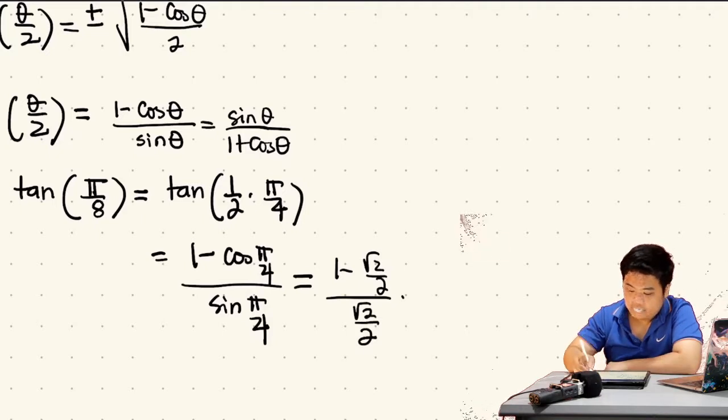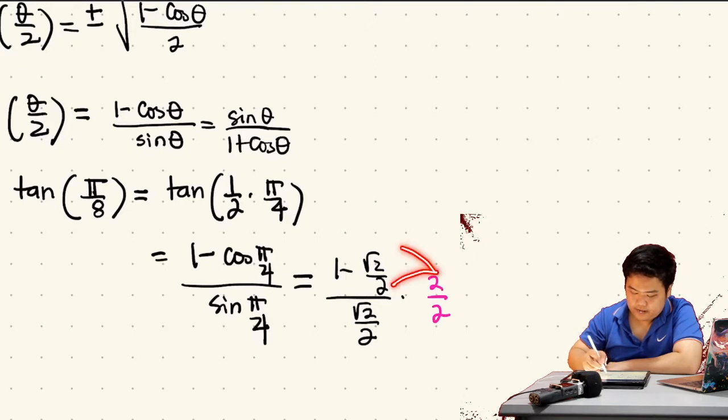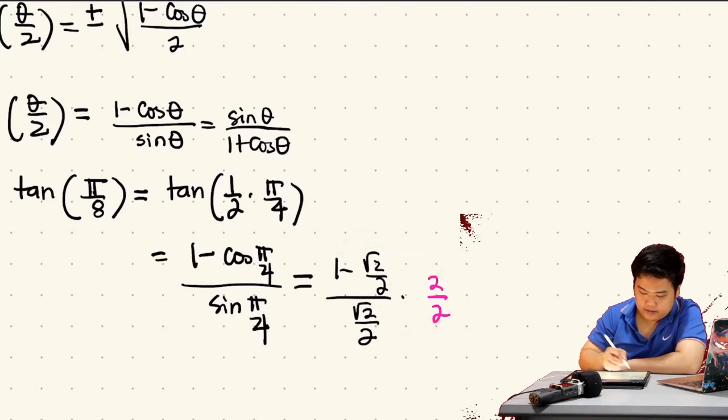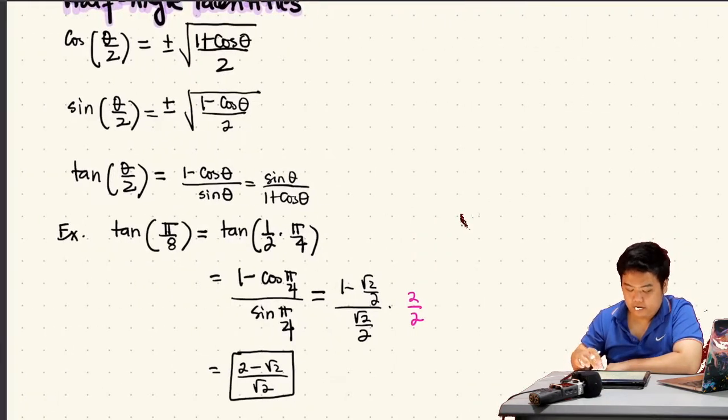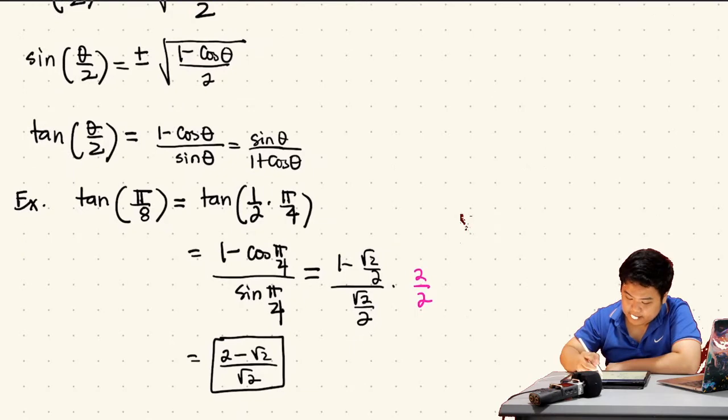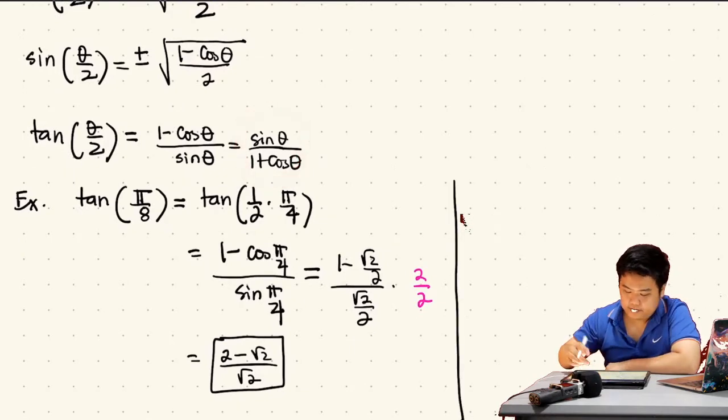Multiply everything by 2 para mawala ang yung mga denominators. We get 2 minus square root of 2 over square root of 2. Okay? Or kung yung isang identity gagamitin natin, this one, we should get the same answer.